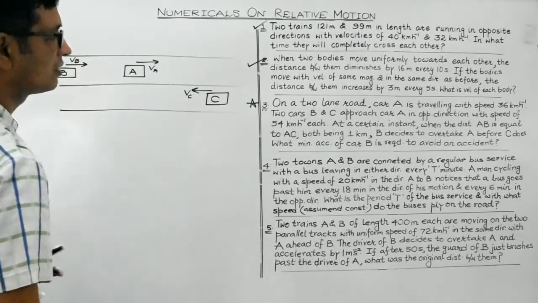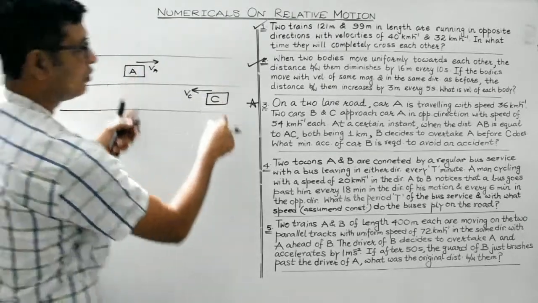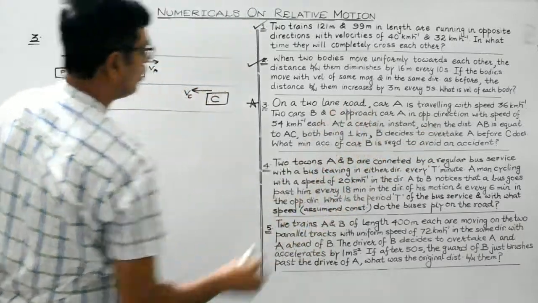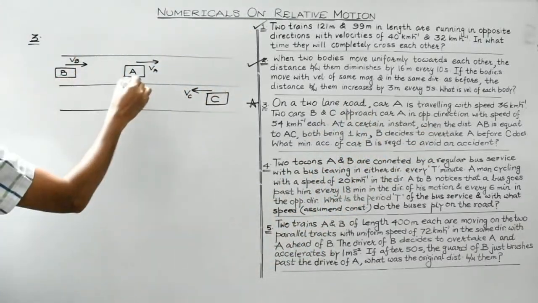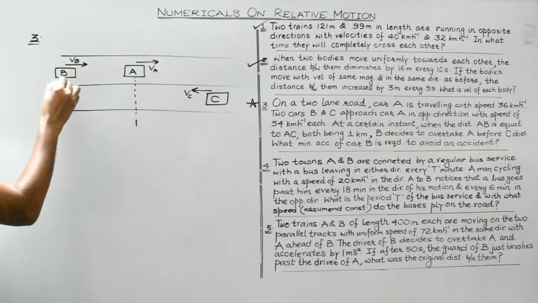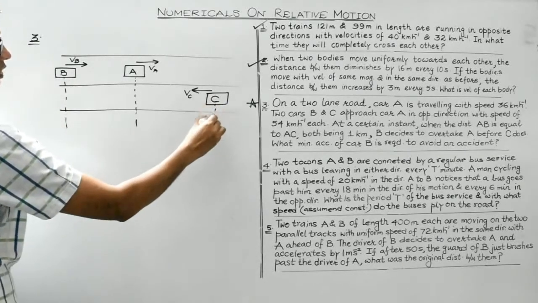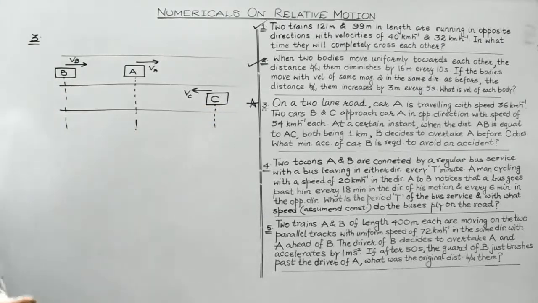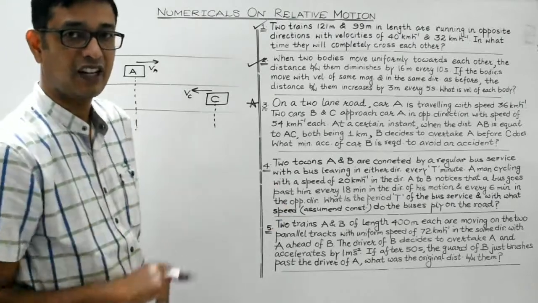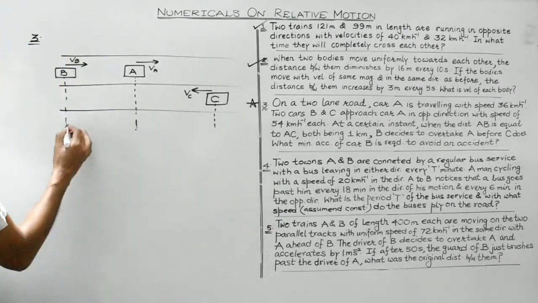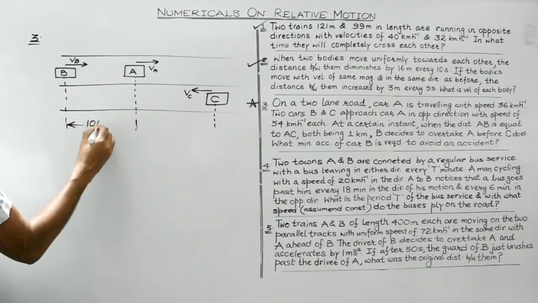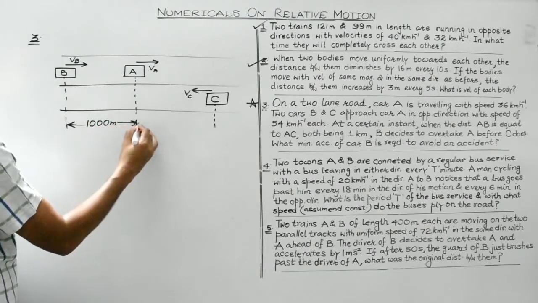Now this distance AB is equal to AC, each being equal to 1 kilometer. This distance is given to be 1 kilometer when B decides to overtake car A before C does, right? This is 1 kilometer. In SI it would be 1000 meter.